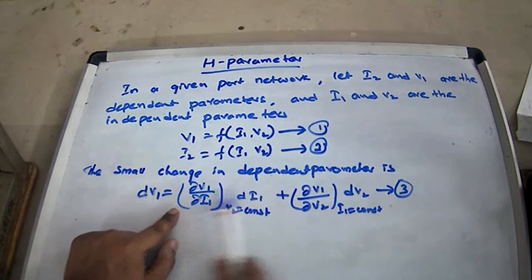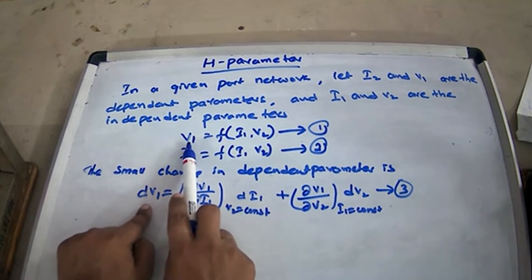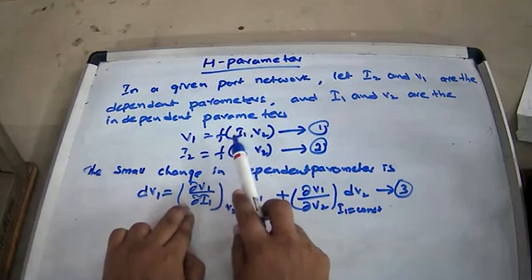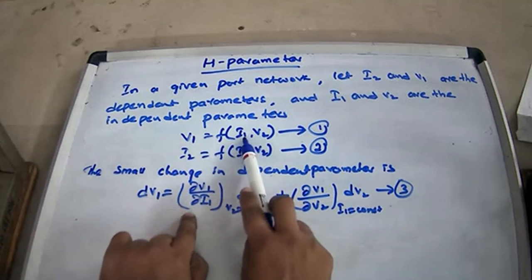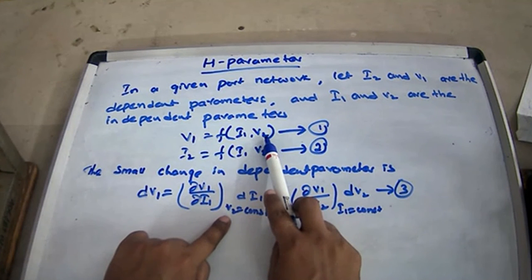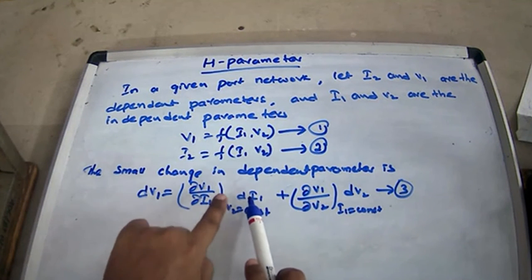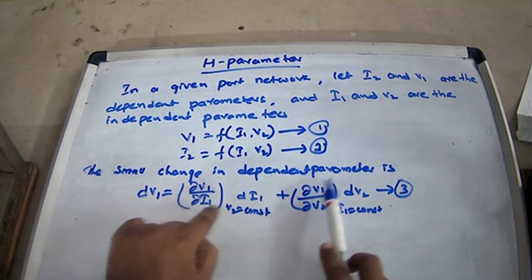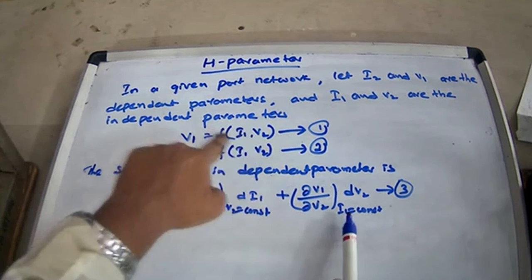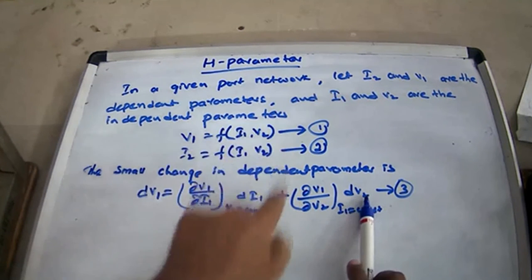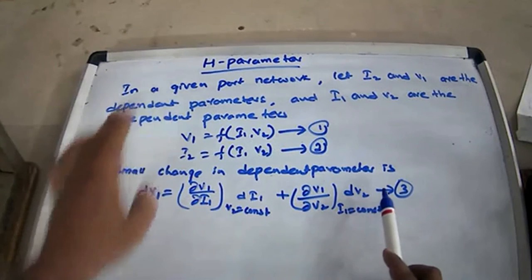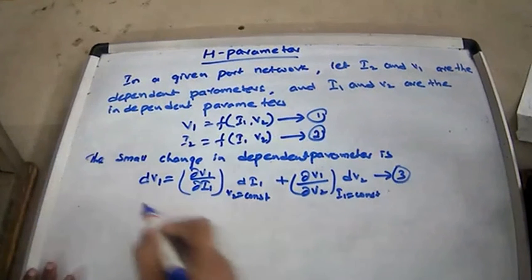So how we are writing this equation? We are writing this equation for equation 1. The rate of change dV1, since the rate of change value is a function of this one. So dou V1 divided by dou I1, where V2 is constant, dI1 plus dou V1 by dou V2, where I1 is constant, for the function value V2. So this is the equation we have written for equation 1. Similarly, let's write the equation for equation 2.